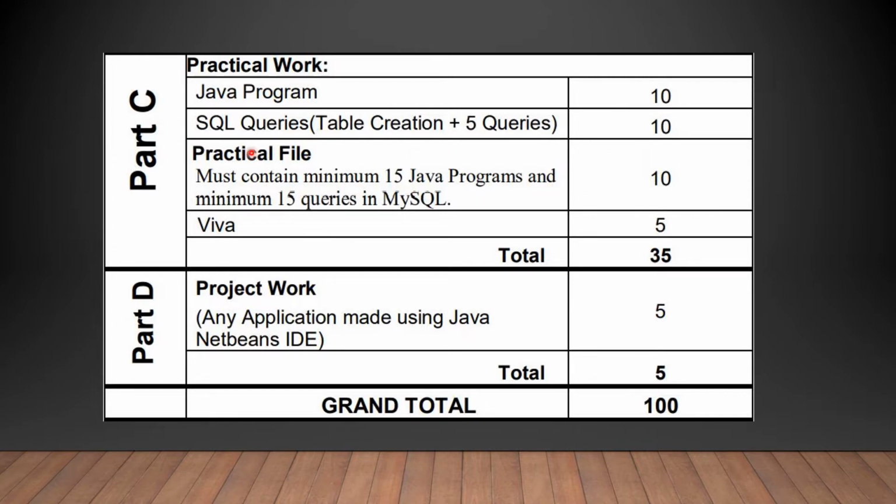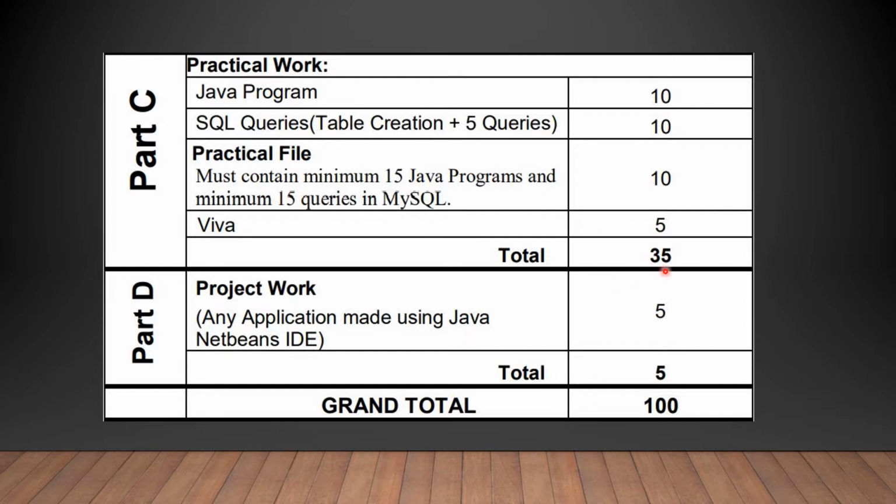So this practical file is of 10 marks and then is Viva, which is of 5 marks. So basically this is the practical work that you will be doing in your computer lab, and this is the file that you must submit for practical, and during practical your Viva will also be conducted, which will be of 5 marks. So the total of part C is 35 marks.